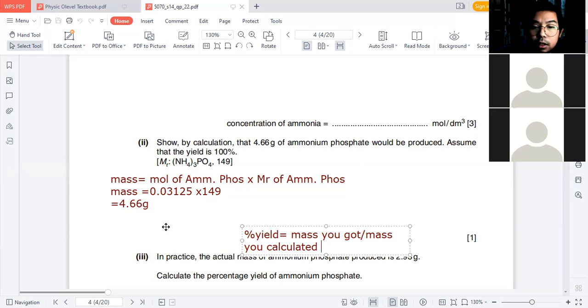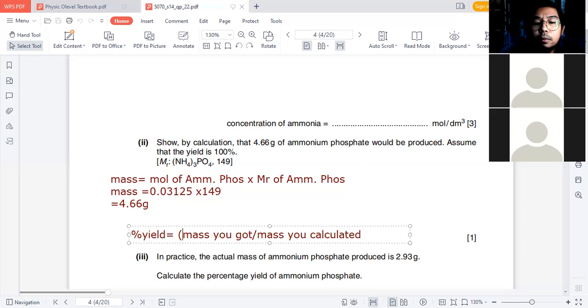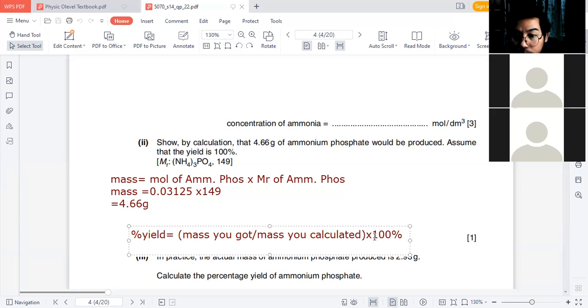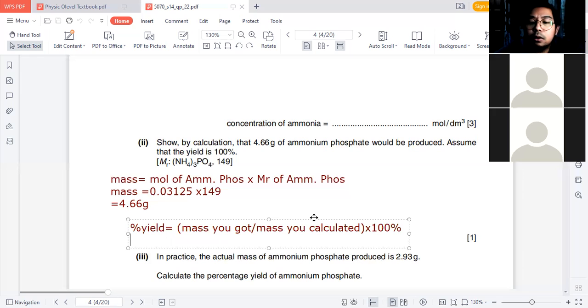I'm going to put that in brackets, times 100%. So in this case, you just need 2.93 divided by 4.66, then times by 100.